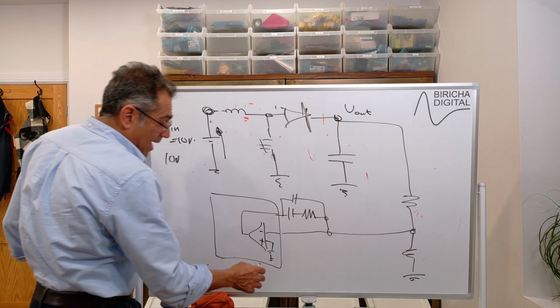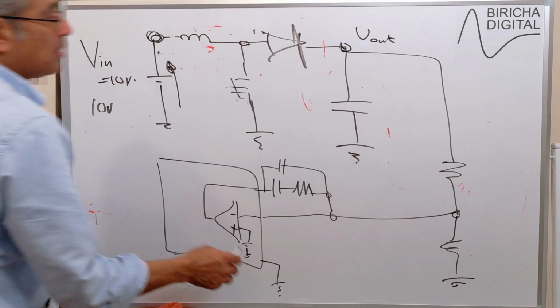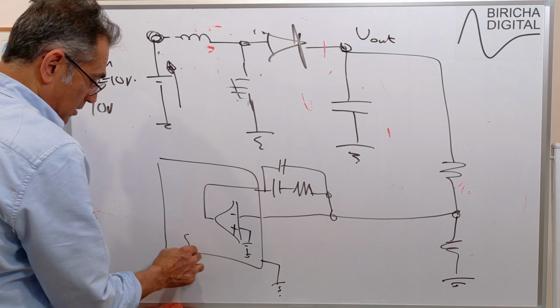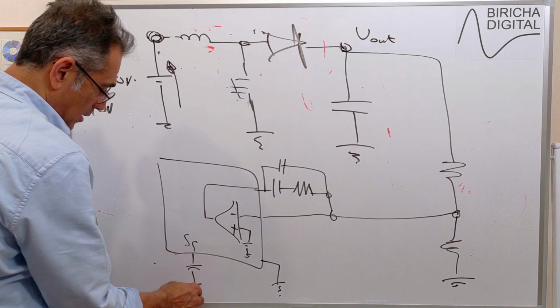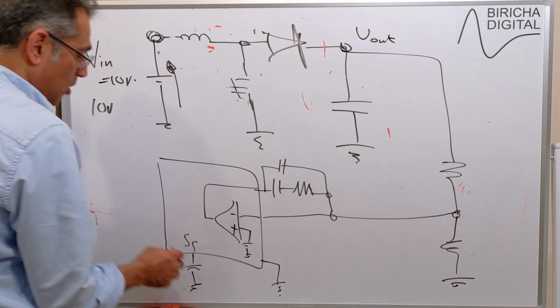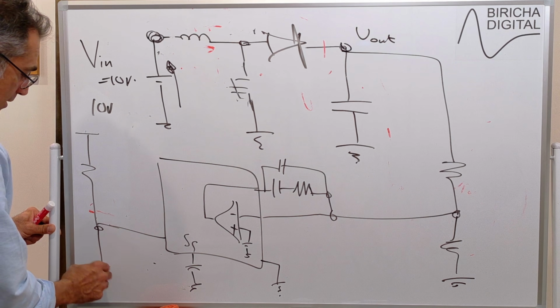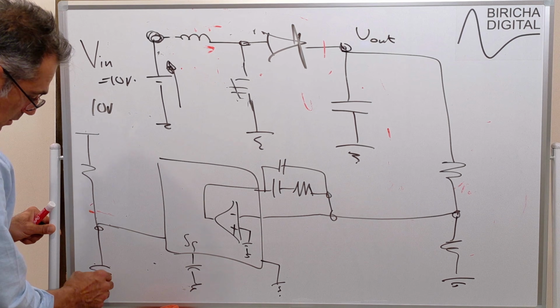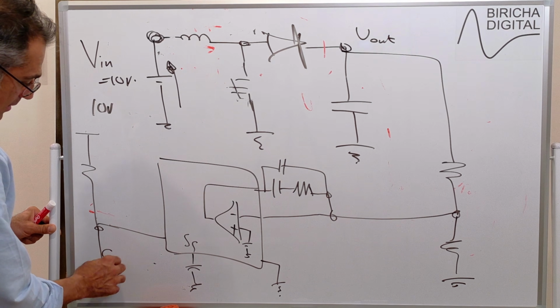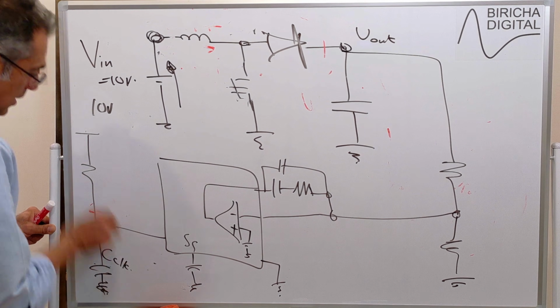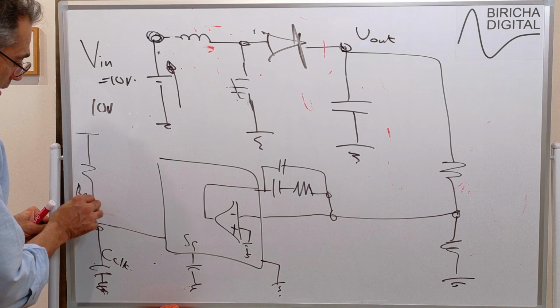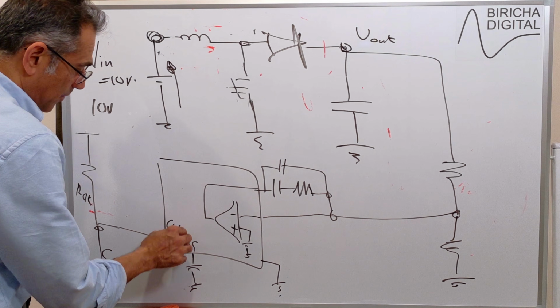Then we will have a soft start capacitor. We will have some kind of a clock, which is usually either a C or an R and a C. So that is C clock, that is R clock, and that goes typically to a clock pin.